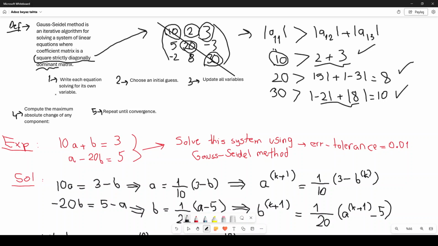The very first step is that we should write each equation solving for its own variable. In other words, we rewrite each equation in the given system with respect to the corresponding unknown variable.